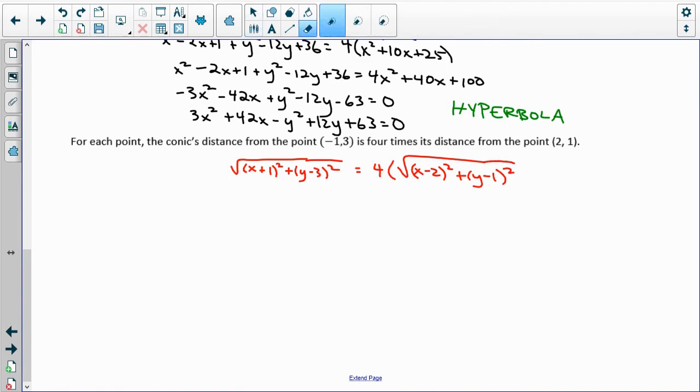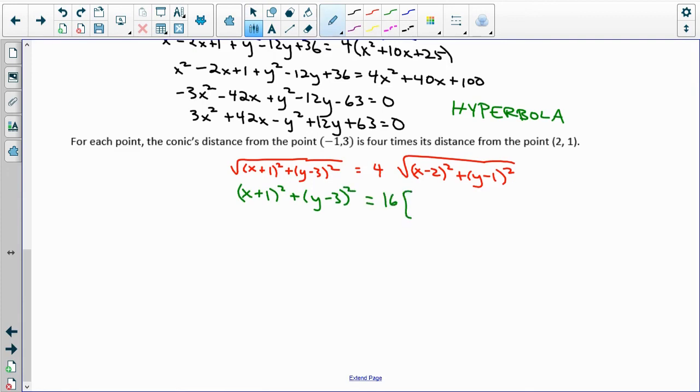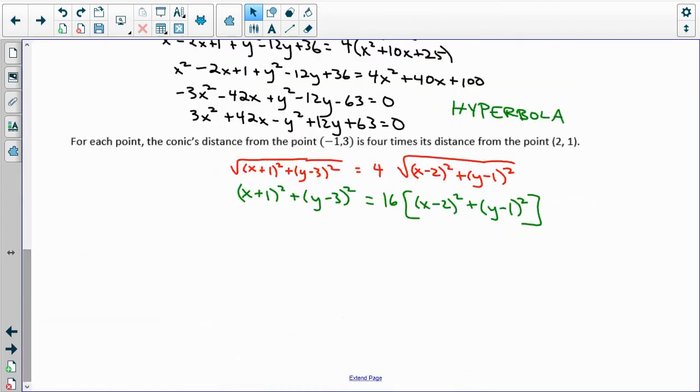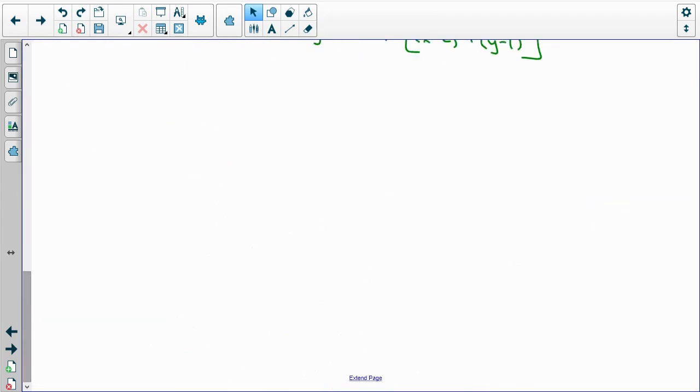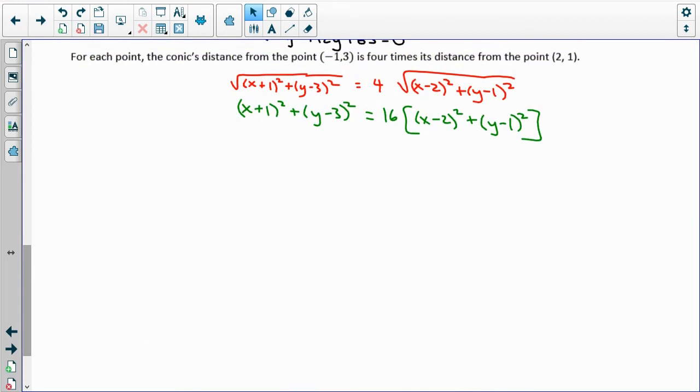So in this problem, we basically are doing the same thing over and over again, but we just have to make sure that we know what's happening. So I'm going to square both sides. I have 16 times (x minus 2) squared plus (y minus 1) squared. And now this just becomes more and more of the same procedure. So here we go.